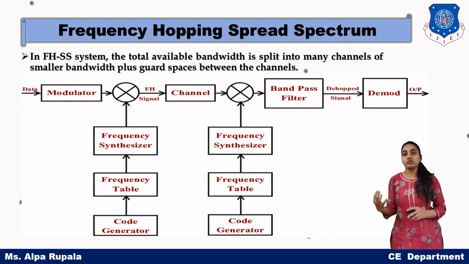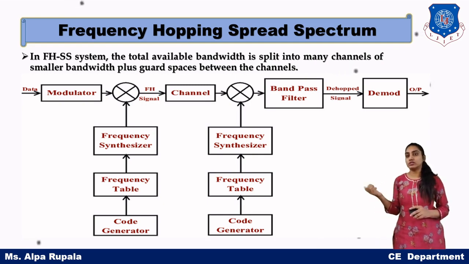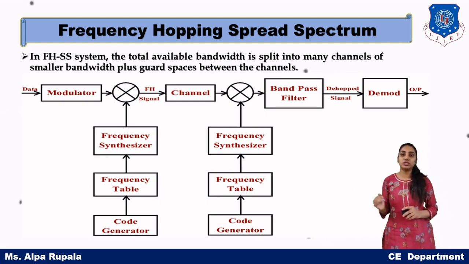It is the task of the frequency synthesizer to select the frequency for transmission according to the frequency table. The next step is the frequency hopped signal, which is transmitted to the channel.